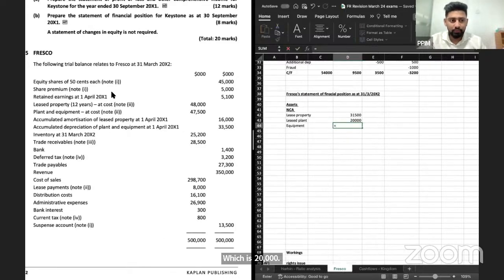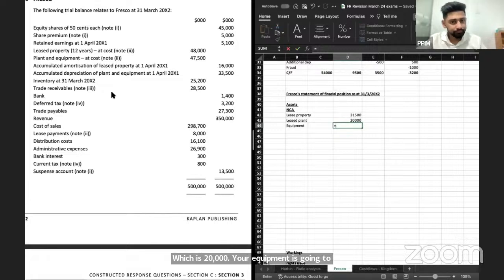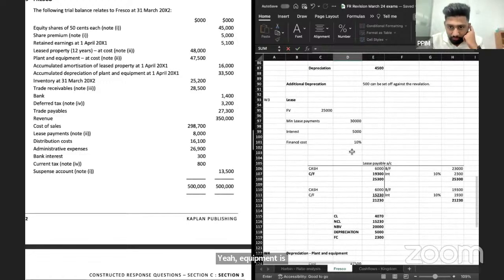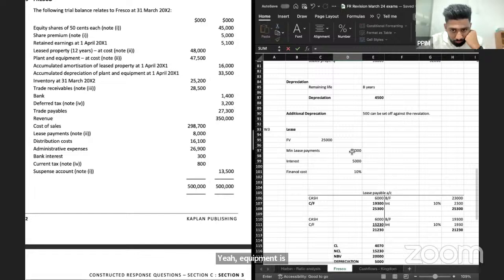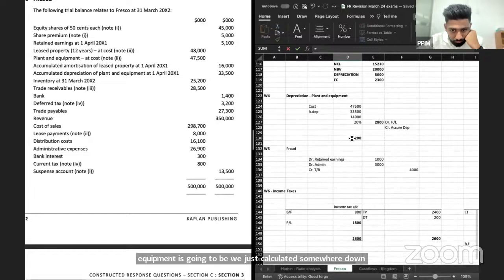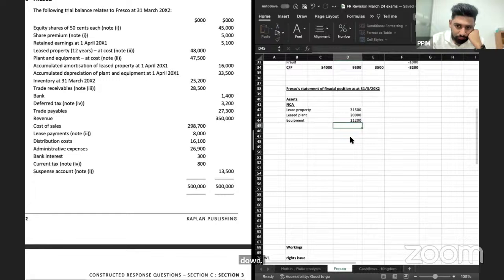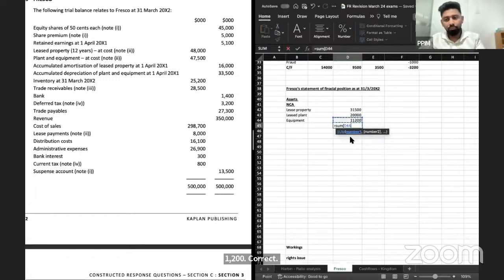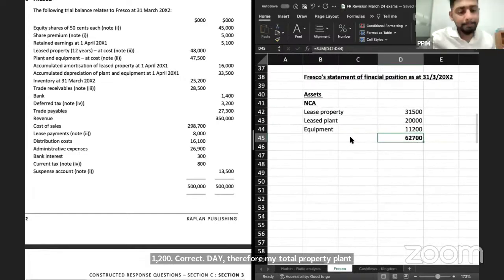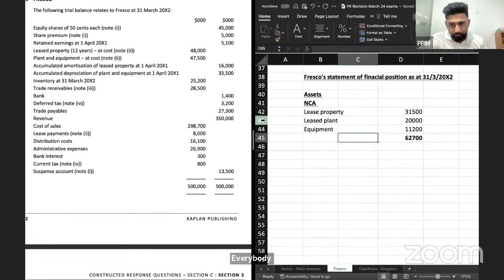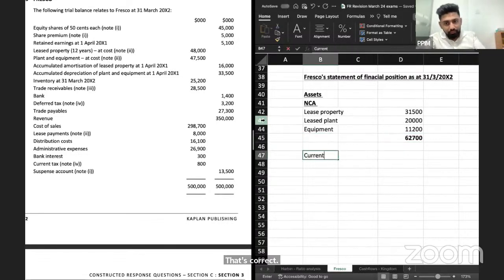Your equipment is going to be 11,200, which we just calculated, correct? Therefore, my total property, plant, and equipment value is going to be 62,700. Got it, everybody? That's correct. Lovely.